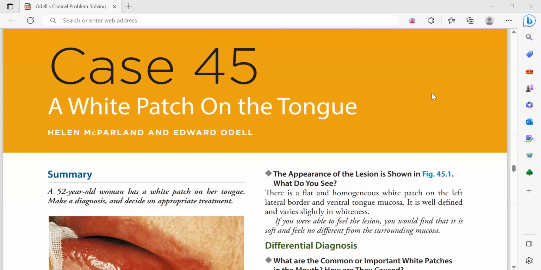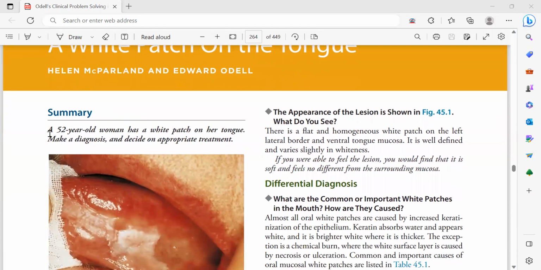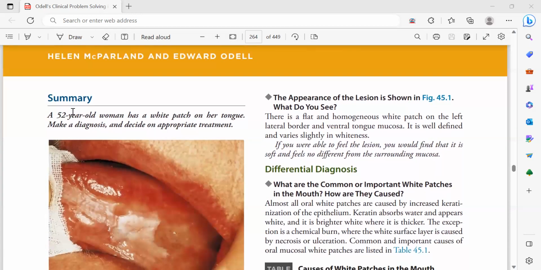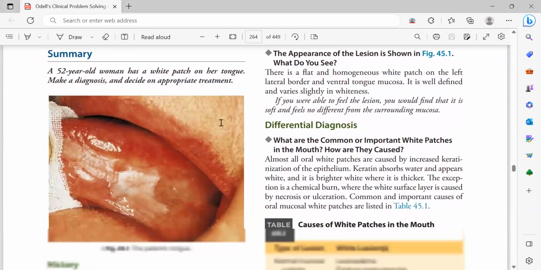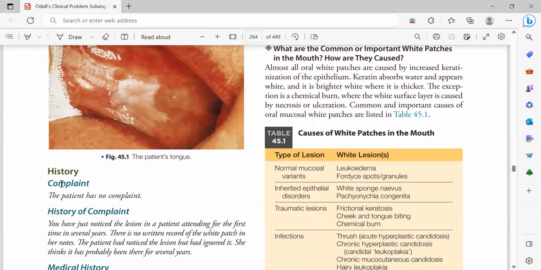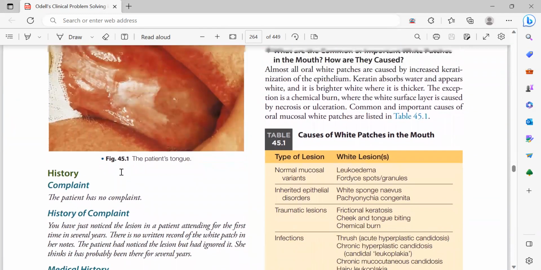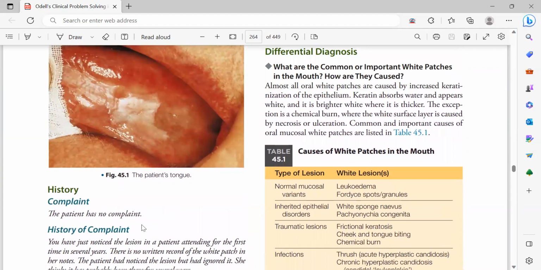So let's start this case, which is the white patch on the tongue. Here a 52-year-old woman comes to you. She has a white patch on her tongue, and you need to make a diagnosis and decide an appropriate treatment. What is the patient complaint? She has no complaint.